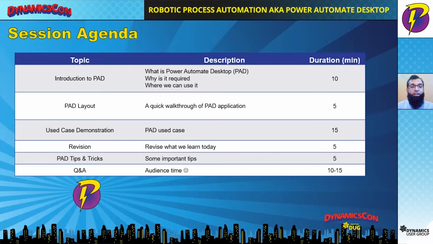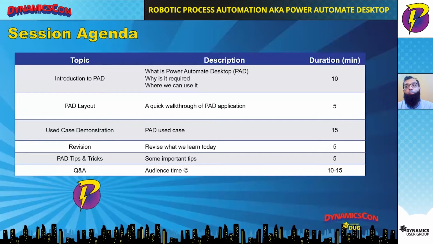As you can see here, I try to mention what the session agenda will be. It will be an introduction about Power Automate Desktop. I know it's pretty much available out there, but I will try to simplify it and summarize that information for you. Just like in my case, where I needed that information to understand how I can use Power Automate Desktop, this information will be helpful for you.